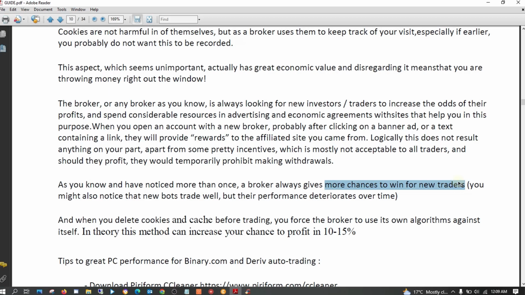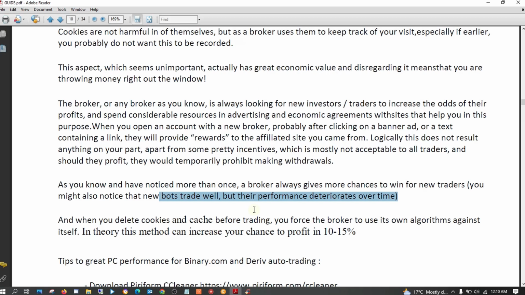If you are a new trader, the broker will give you a chance to win. You will also notice that new bots trade well, but their performance deteriorates with time. This is what I mean. If I give you a new bot and you trade it on your account, you will actually profit with that bot.